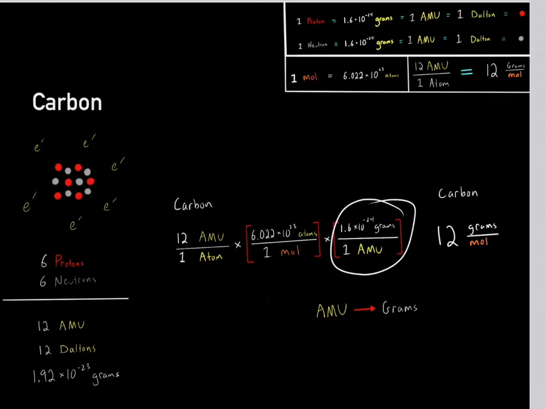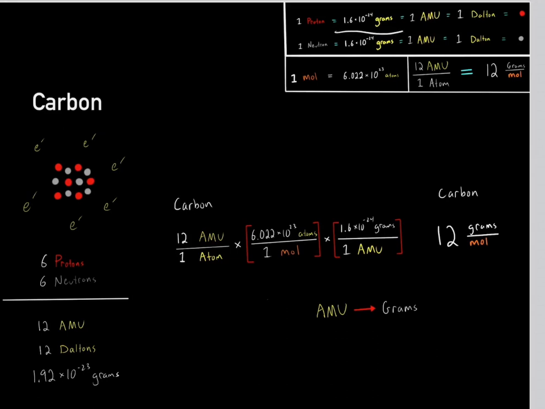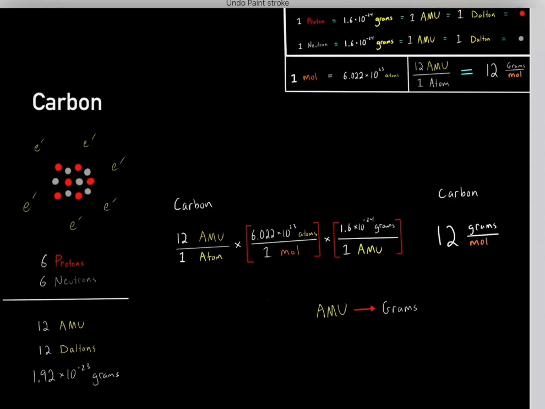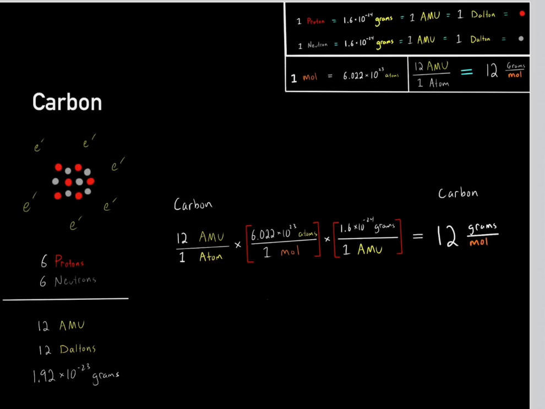And we can also use this conversion factor. Again, we know 1 atomic mass unit has a mass of 1.6 times 10 to the negative 24 grams. These are just 2 different units of mass. So we can use this conversion factor to convert atomic mass units into grams. So using these 2 conversion factors, what do we get?